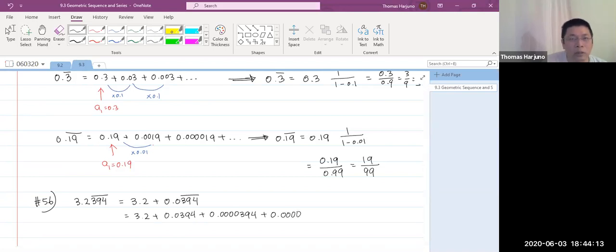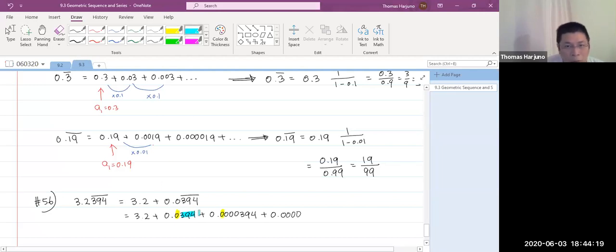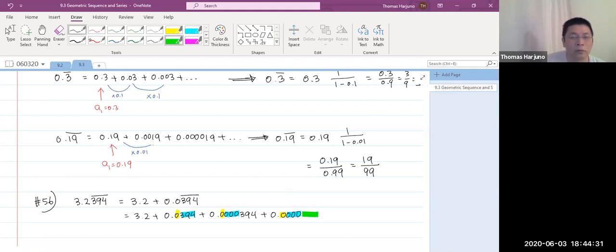So you see, this 0 here is for this place, this 394 for this 394. The next three numbers will be 394. I hope you see how I push that 394 further and further down.